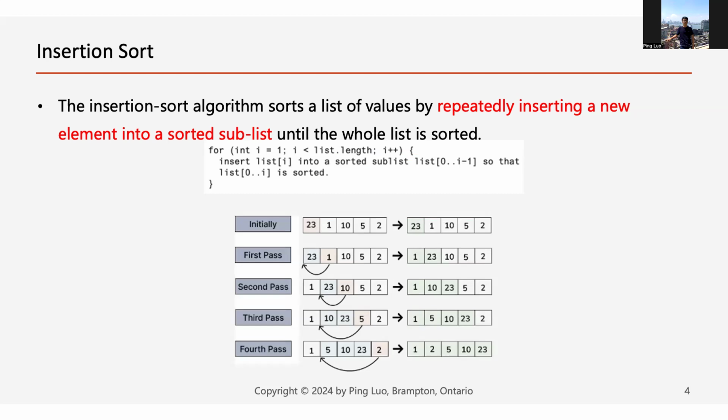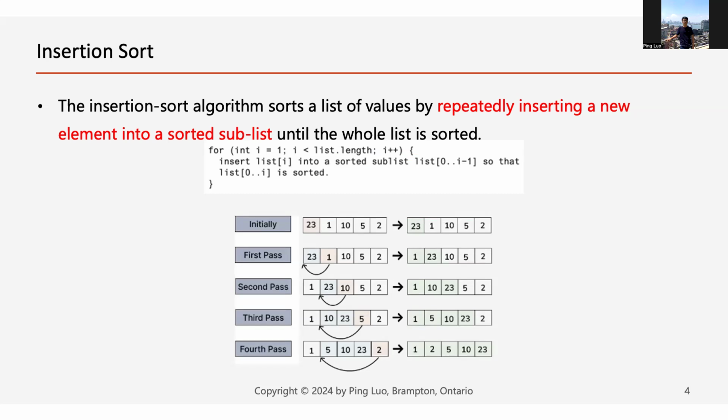Because one is smaller than 23, we just put one before 23. And now the sorted sublist contains 1 and 23. And we go to the next, 10. We put 10 into this sorted sublist, which should be between 1 and 23. Now all these three numbers are sorted. We just need to check the fourth one. 5 is smaller than 10, so we put it before 10 and after 1.